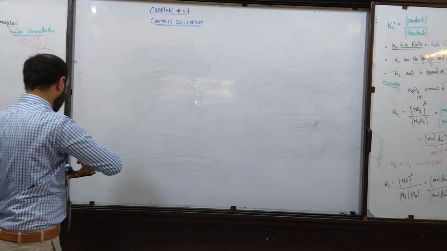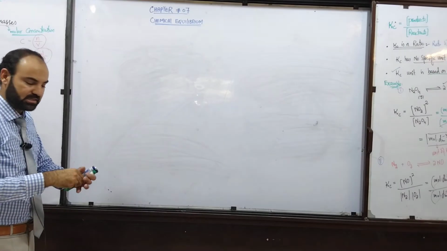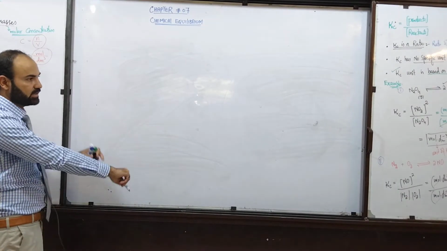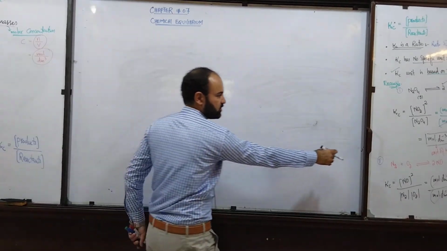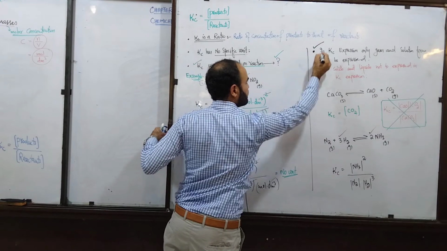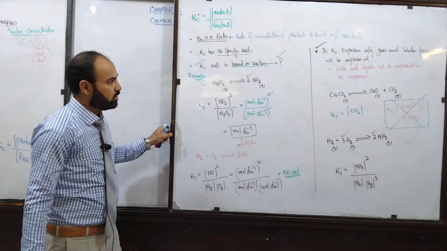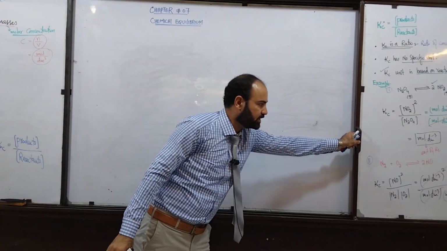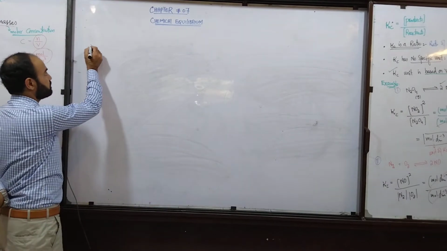This is another important point related to the Kc. You may continue from this point. This is point number 4. We will now discuss point number 5 related to Kc.